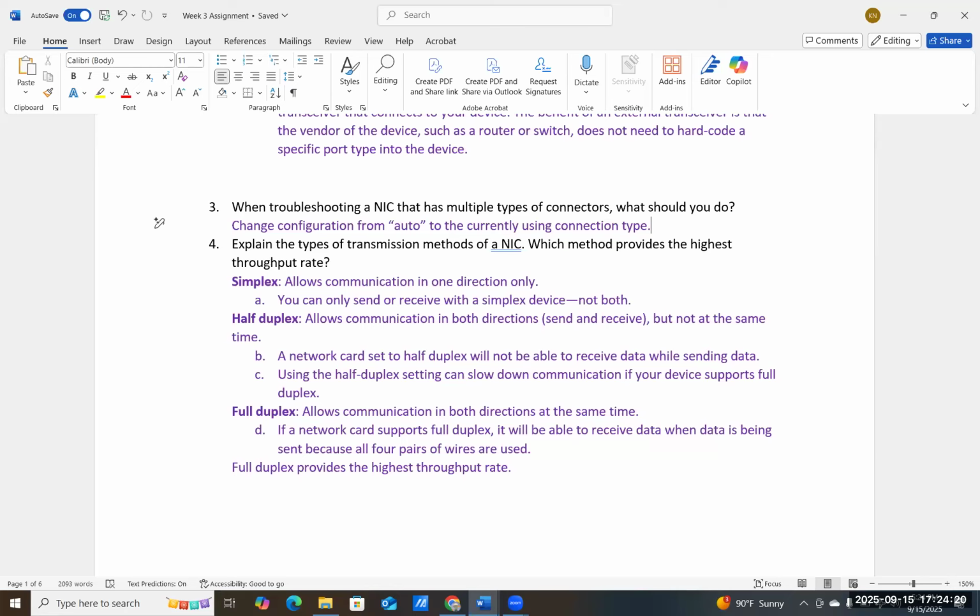So out of all of these three, full duplex, of course, is going to give you the highest throughput, the highest rate in communication. If you want performance, a high response rate, and fast system communication, we want to make sure that it is full duplex. Now, not always.